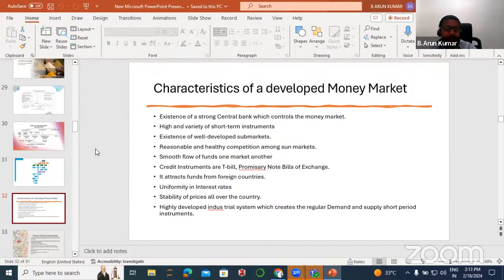Coming to block number 4, that is investment decisions: working capital and capital budgeting.